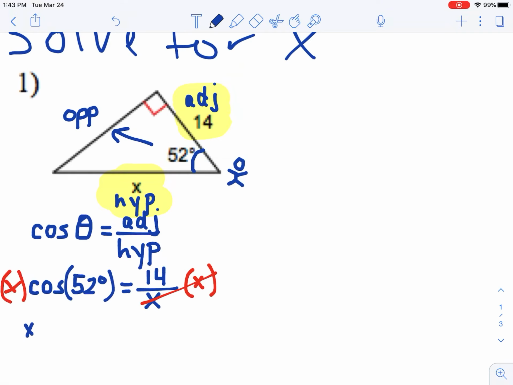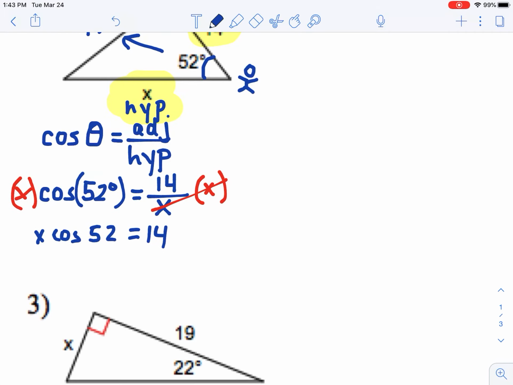Okay, so now I have x times the cosine of 52 equals 14. To get x by itself, divide both sides by the cosine of 52 degrees.